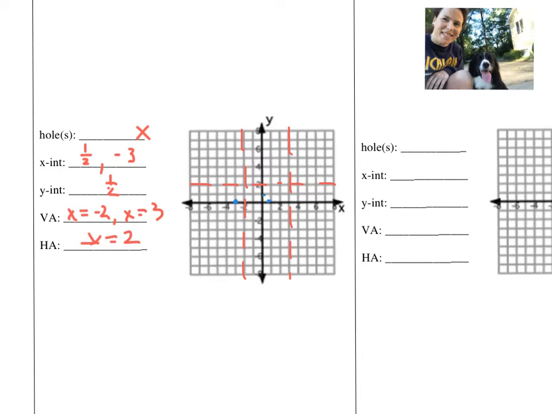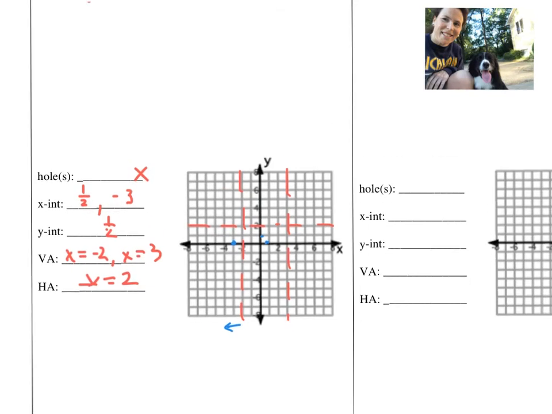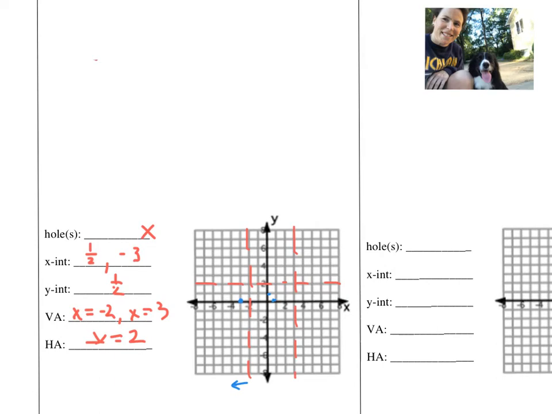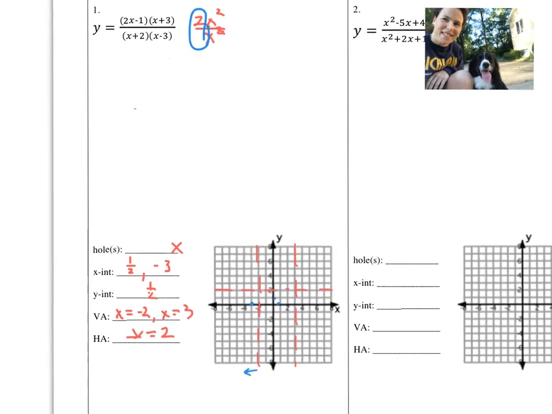From here we said to just plug in some numbers. Since I already have 1 point all the way to the left of this asymptote, I'm just going to plug in a -4 and see if I can find one more point. If I plug in a -4, that gives me -9 times -1 in the numerator, and then -2 times -7, so 9 over 14.